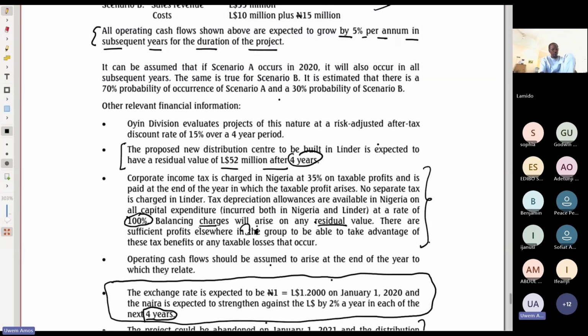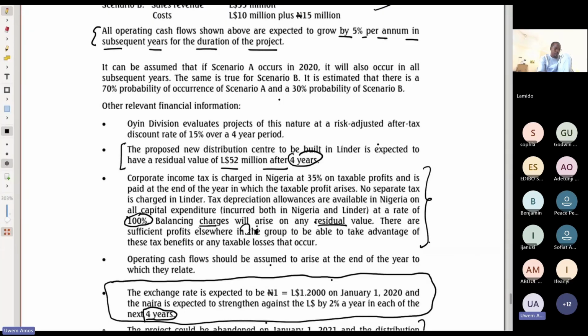All we're basically doing is interpreting the information and translating it into our computation. The question tells us two things: that in Nigeria, you're going to get a tax allowable depreciation of 100% on the equipment, implying that in the first year you get 100%, because it doesn't mention splitting into different years. It also mentions that you will incur a balancing charge on any residual value.